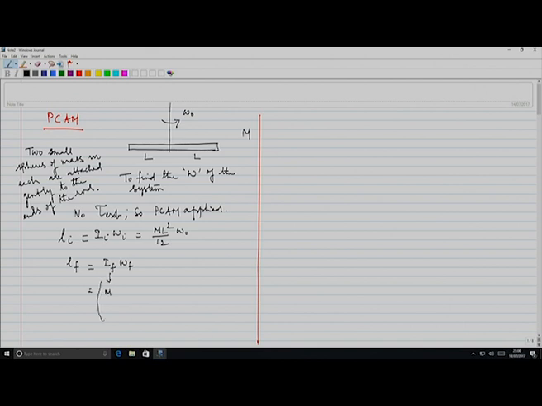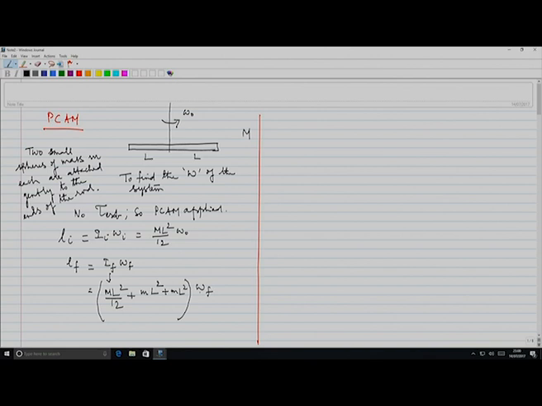One is ml squared by 12 plus, mass of little m is attached at each end, therefore this will have two masses, so each will have a moment of inertia. This whole thing will act with omega f.